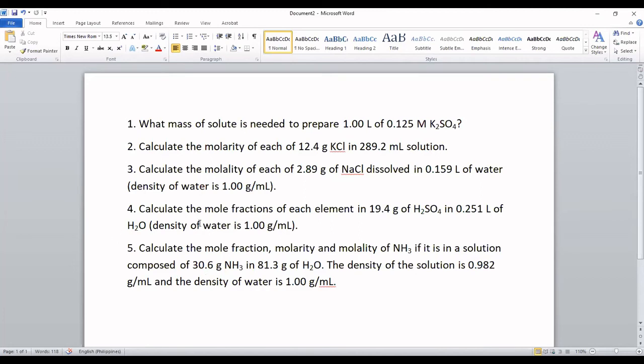You get me? So I will edit this one: of each in 19.4 grams of sulfuric acid in 0.251 liters of water. That way you will get the mole fraction of sulfuric acid and the mole fraction of water. So this will require two answers in this particular number. Okay, so we go back again to our board.